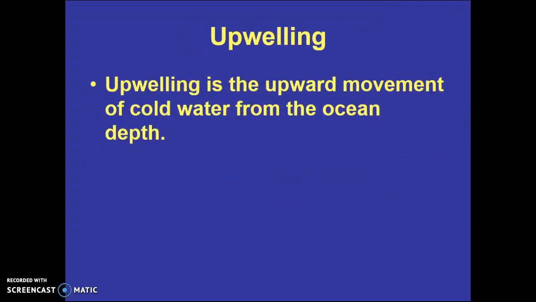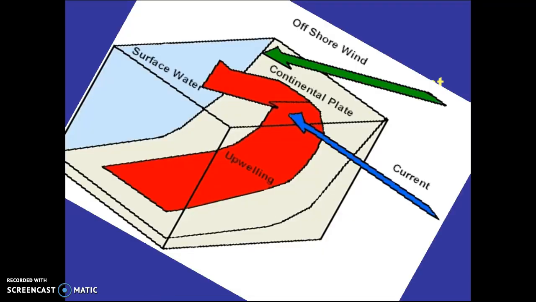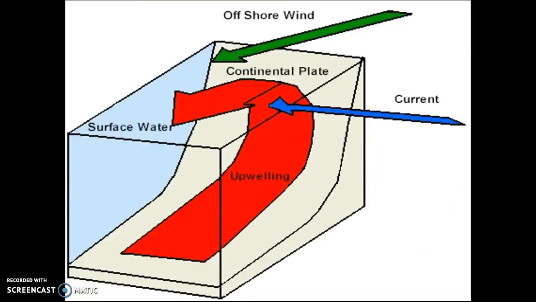Another aspect of these deep water currents is this idea of upwelling. You've read a bit about this. Upwelling is when that deep water moves up closer to the surface. That cold water that was down deep moves up closer to the surface. In this diagram, I kind of wish this arrow wasn't in red because it makes it seem like it would be warm water, but that's not entirely true.